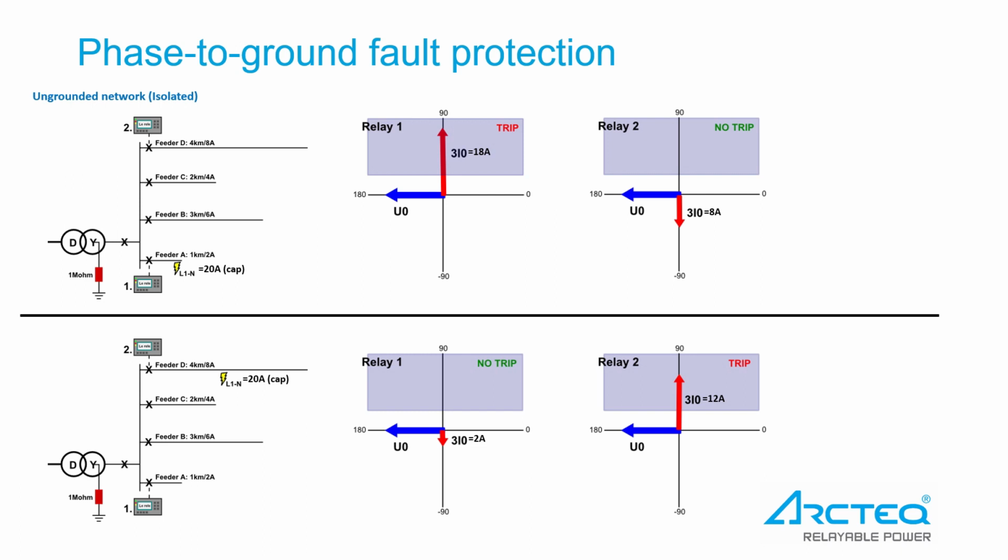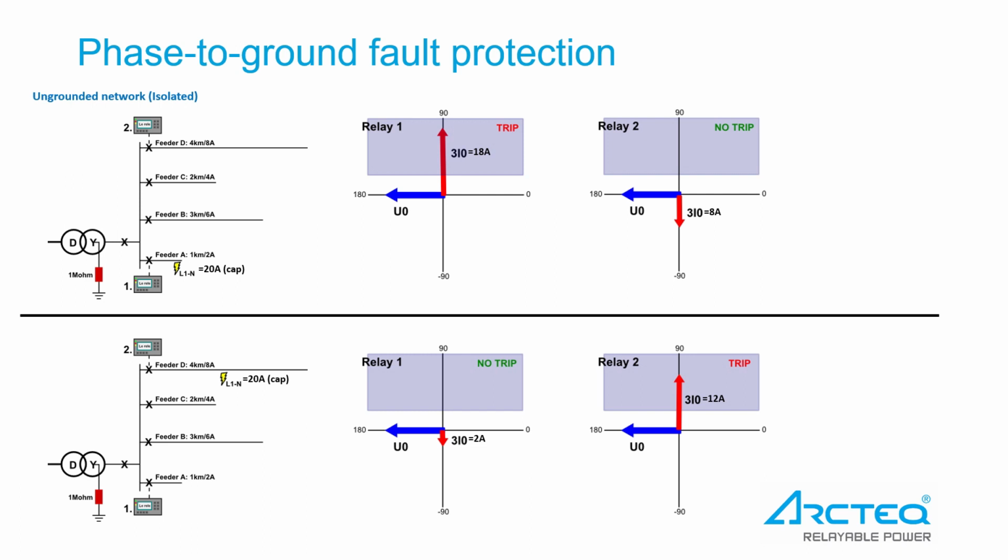at the measurement point. Therefore, the fault current of faulty feeder relay number 1 is 18 amps capacitive, plus 90 degrees. The healthy feeders only see their own capacitive current, which is flowing towards the transformer star point. It means that relay number 2 sees 8 amps capacitive current flowing in the reverse direction.